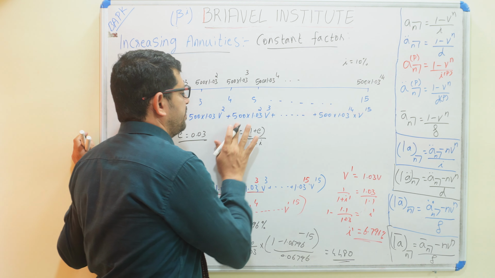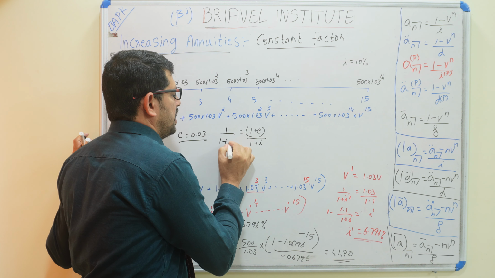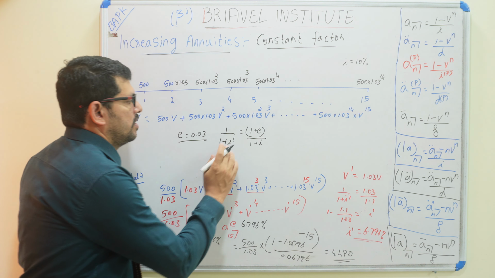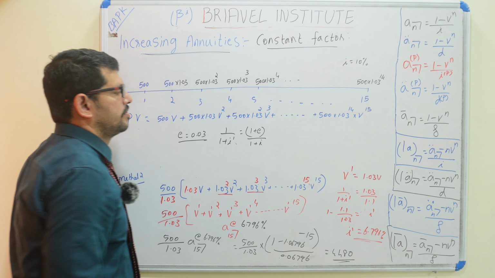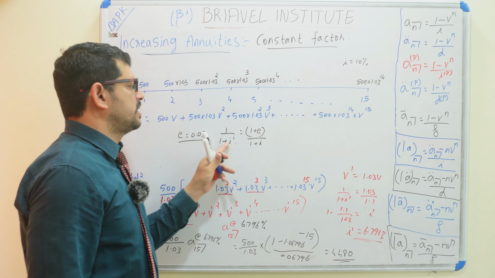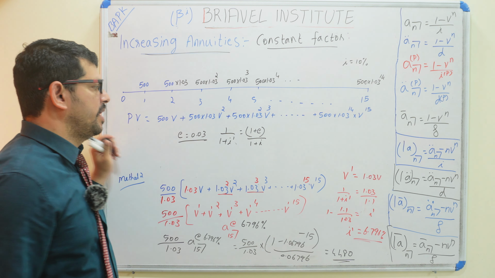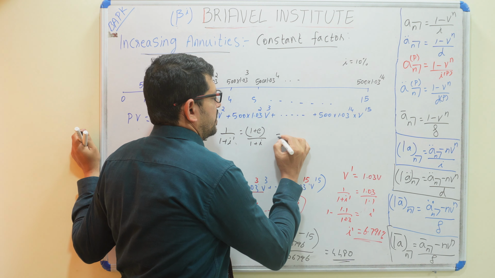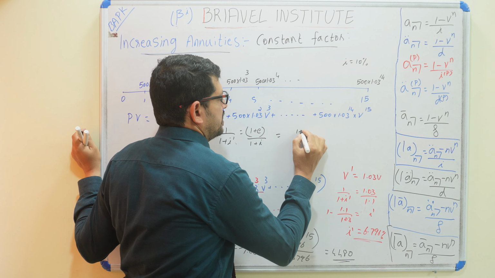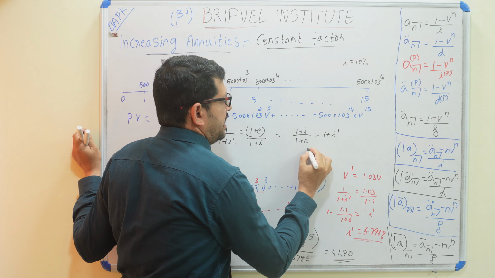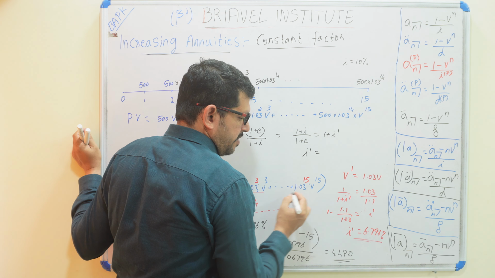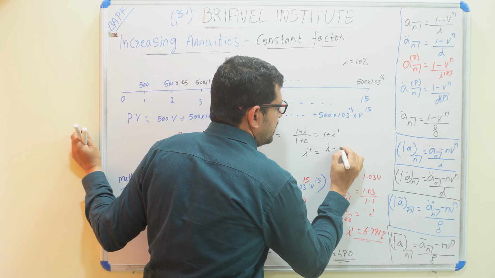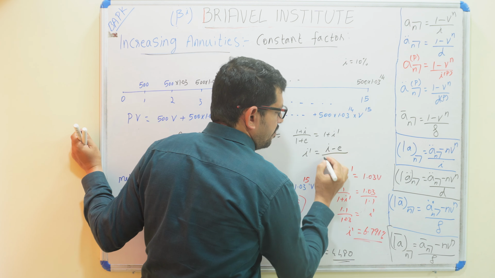So this is V dash, we can write that as 1 divided by 1 plus I dash. So 1 divided by 1 plus I dash is equal to 1 plus E divided by 1 plus I. So we can write 1 plus I divided by 1 plus E is equal to 1 plus I dash. So for I dash we get one more formula: I minus E divided by 1 plus E. So this is the formula for I dash.